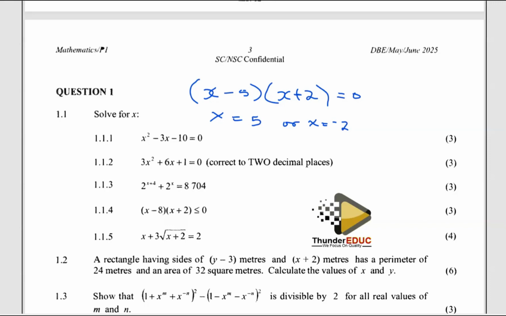And then 1.1.2, telling us we have 3x squared plus 6x plus 1 is equal to 0, correct to 2 decimal places. So this one simply means we're going to have to use the quadratic formula. So 3x squared plus 6x plus 1 is 0.